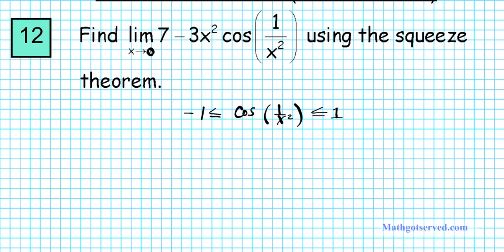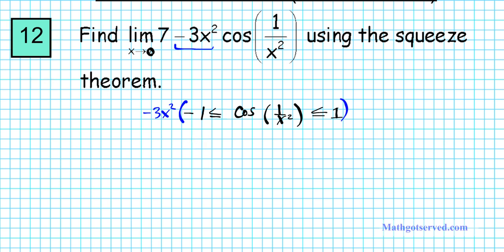So let's go ahead and create 7 minus 3x squared cosine(1 over x squared) step by step here. First thing we're going to do is introduce this negative 3x squared piece. In order to accomplish that, we'll multiply the entire compound inequality by negative 3x squared. All right? When you multiply by negative 3x squared, the signs change and the orientation of the inequalities changes also.